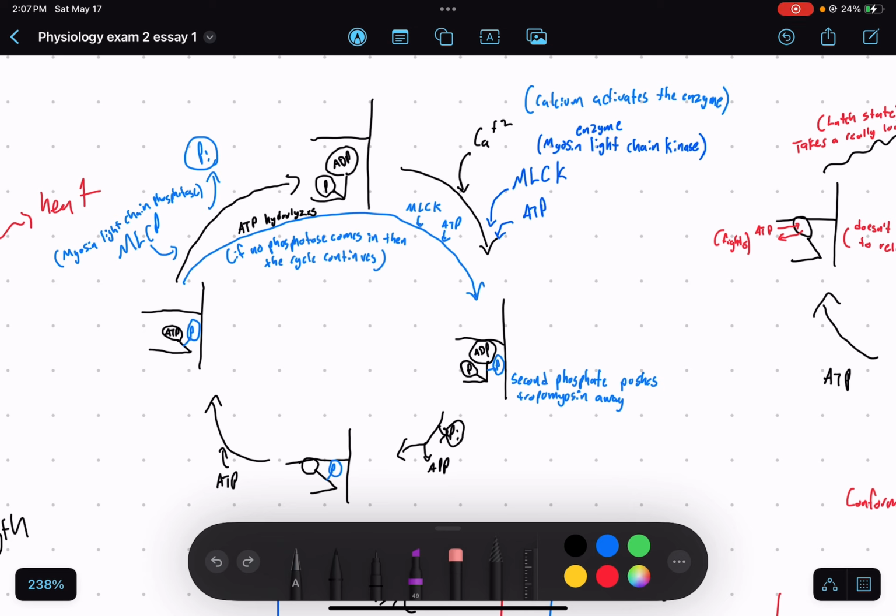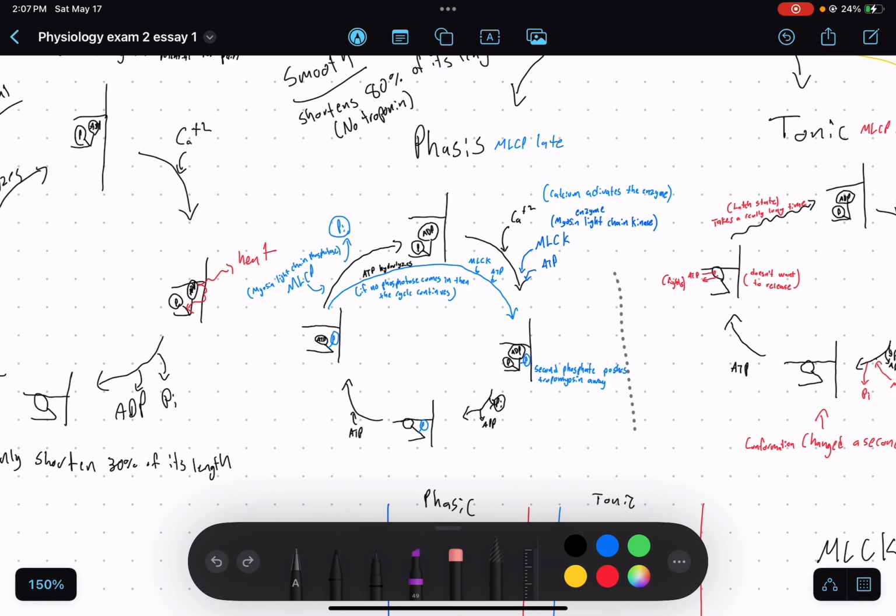But if MLCP comes in, which is myosin light chain phosphatase, it's going to remove that phosphate, causing it to go into its original recovered state, so it has to restart the cycle all over again. So that's your phasic pathway.